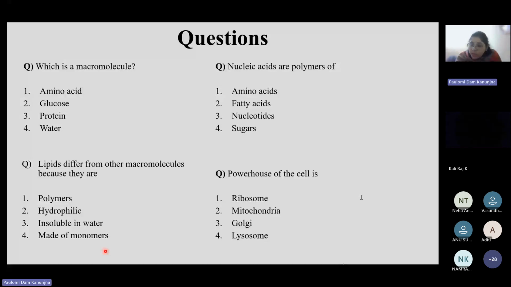Okay, so protein, insoluble in water. Yes, MCQ. The questions in the exams are mostly MCQ type. You might have 1 or 2 which would be one word, fill-in-the-blanks kind of questions, but that will again be MCQ. So mostly it is MCQ.